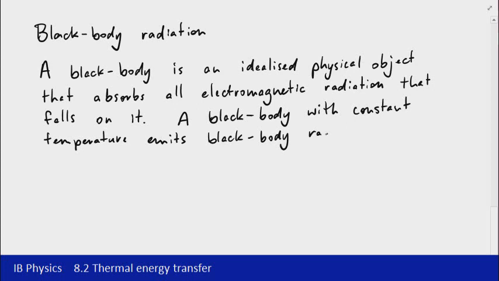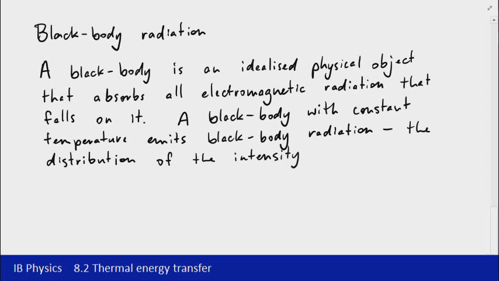So with black body radiation, we're identifying that the spectrum of light from the black body is going to be distributed according to a black body radiation curve. The distribution of the intensity of the electromagnetic radiation is determined by the temperature of the black body.